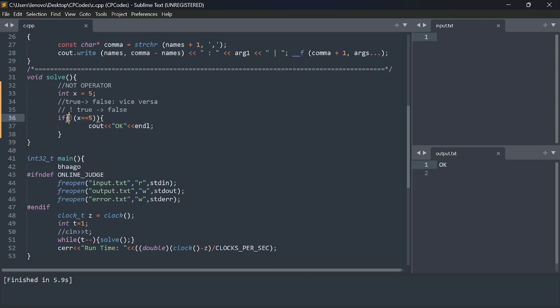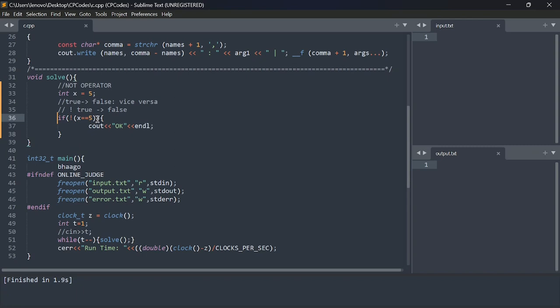Since the condition results in false, this block won't get executed, so I'm expecting that there is no output. You just saw that we didn't get any output. I hope you have an idea of how this not operator works.